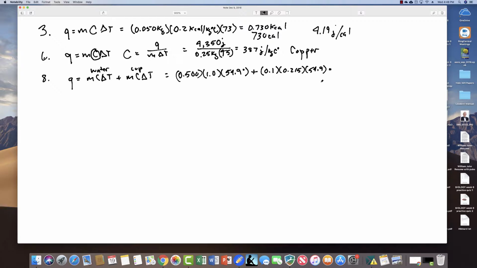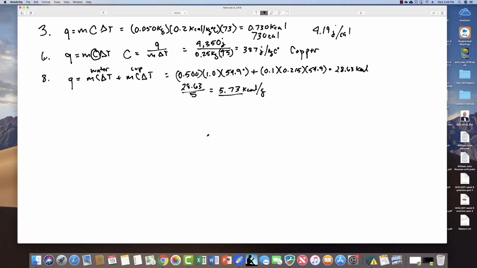If we add all of that together, we're going to get 28.63 kilocalories. Now it says how many kilocalories per gram. So if we divide this by 5 grams, we end up with 5.73 kilocalories per gram of peanut.